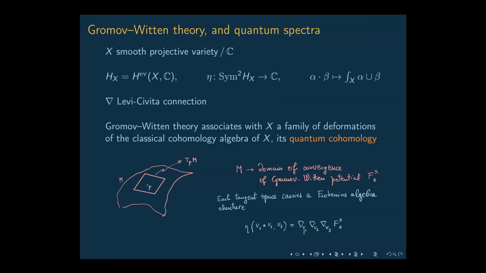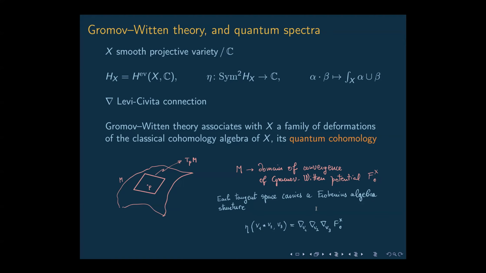So we define the product, the quantum product of two classes, two tangent vectors in one point, V1 and V2, by taking the pairing with the Poincare metric with any arbitrary element V3. And we require that such a pairing equals the third covariant derivative of f, the Gromov Witten potential, this generating function I was speaking about.